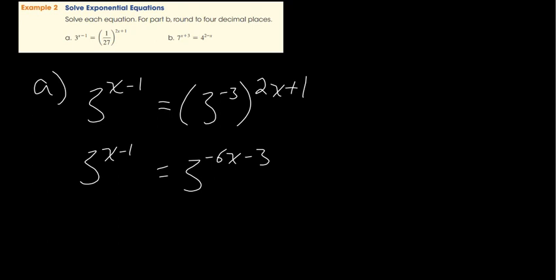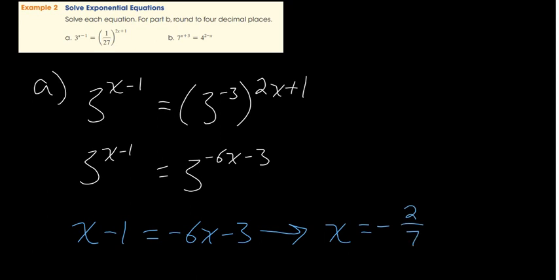So we will have x minus 1 is equal to negative 6x minus 3. And we do the algebra here. We end up with x is equal to negative 2/7.